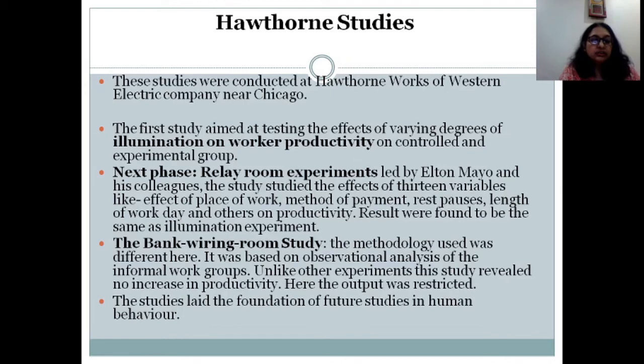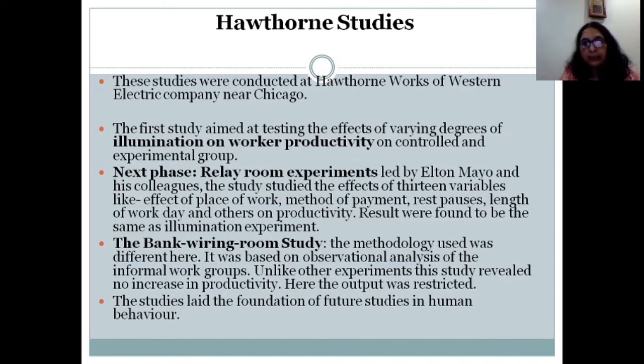Now, the results of the study were opposite to those of the relay room experiment. There was no continual increase in productivity in this experiment. Rather, output was restricted by the bank wirers, even when the incentive system dictated that the more a worker produced, the more money he would earn. Yet, all workers restricted output due to fear of social ostracism, name calling by other members of the group.